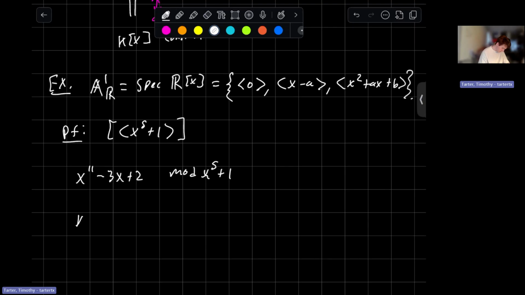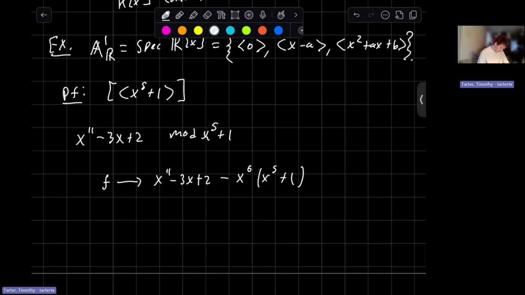Well, f reduces, subtracting x to the 6th times (x to the 5th plus 1), to be minus 3x plus 2 minus x to the 6th.